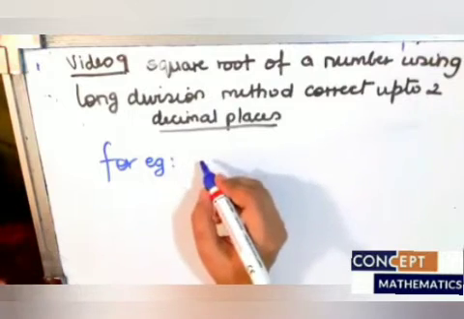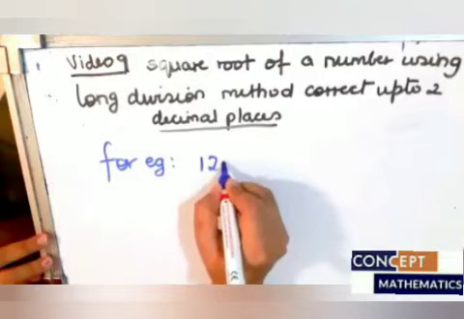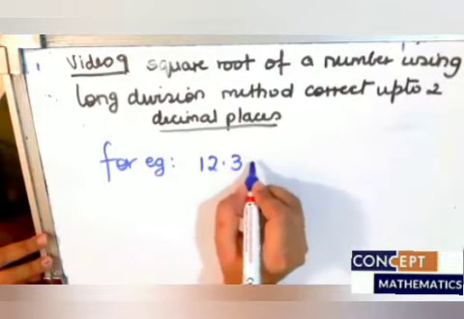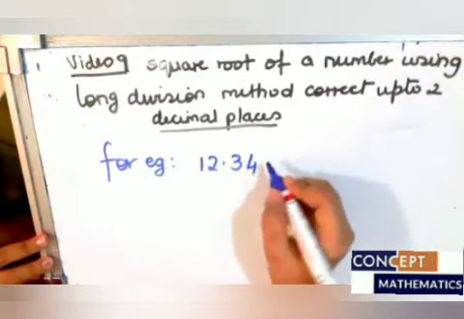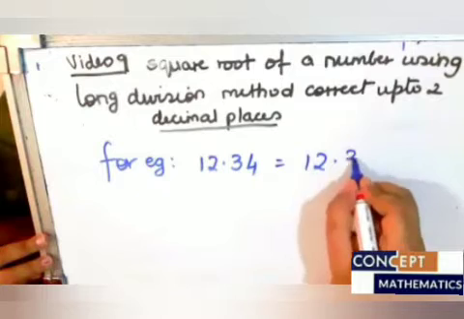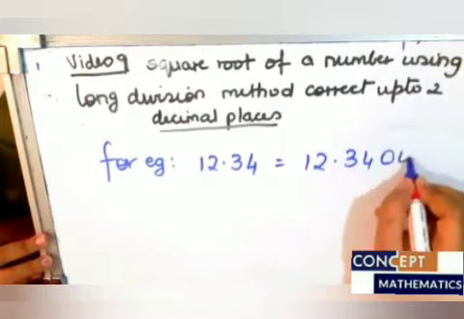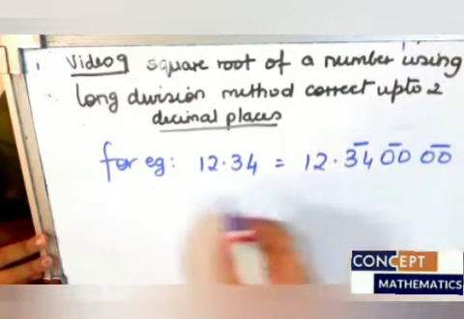For example, 12.34 will be written as 12.340000. This is a pair of 3.